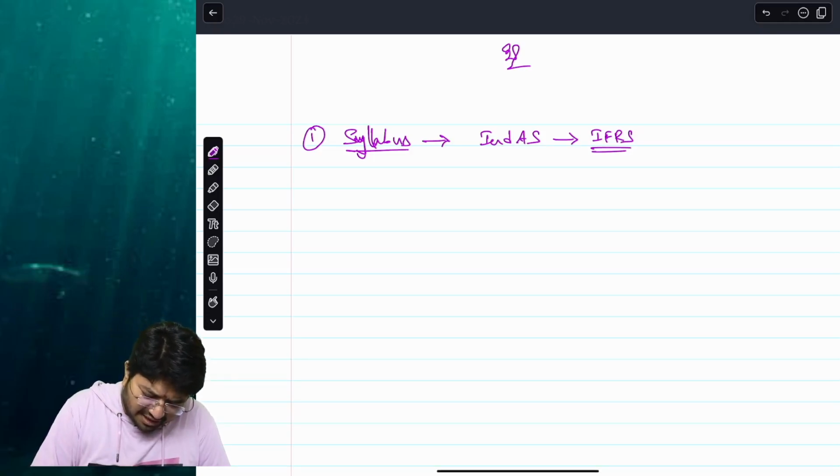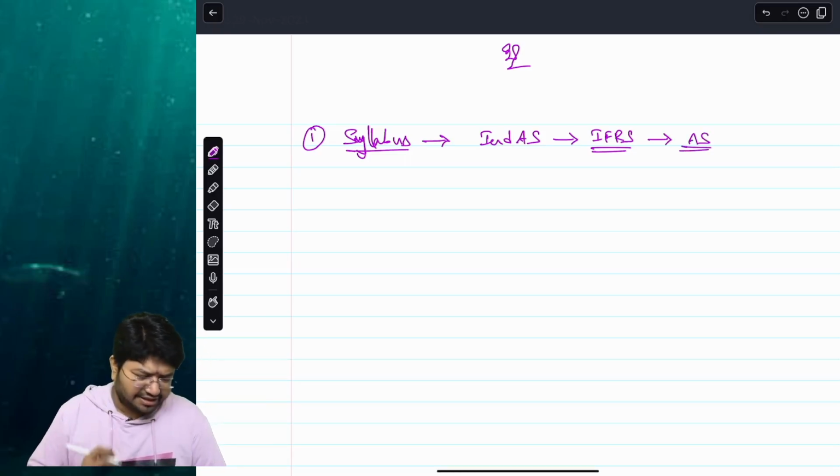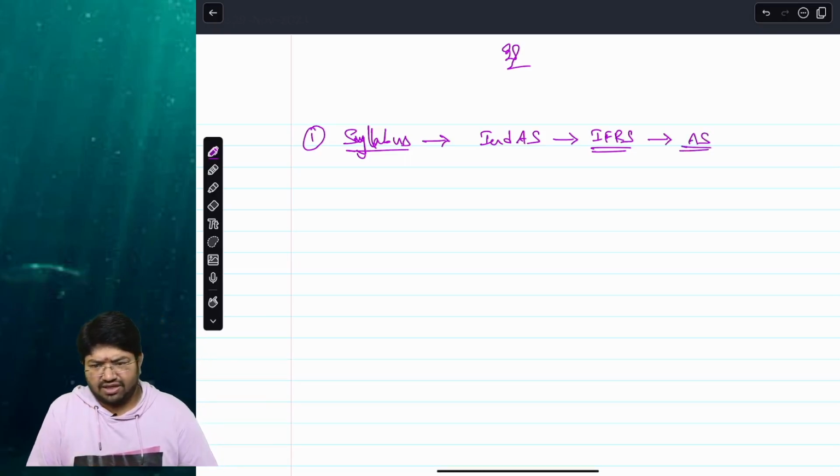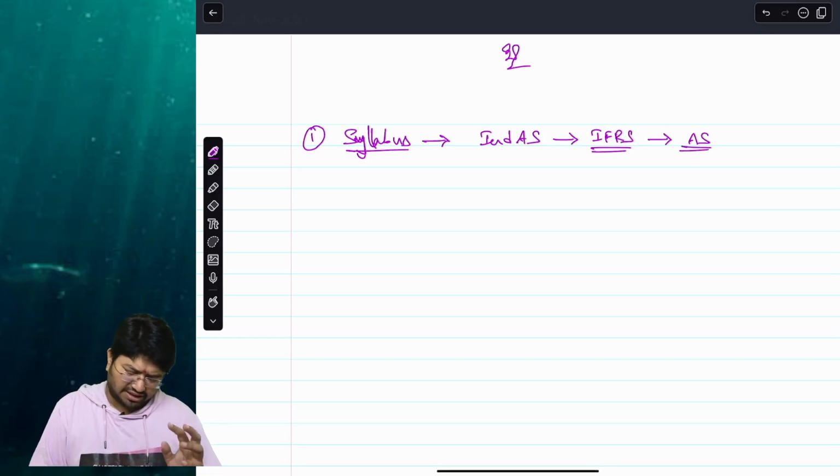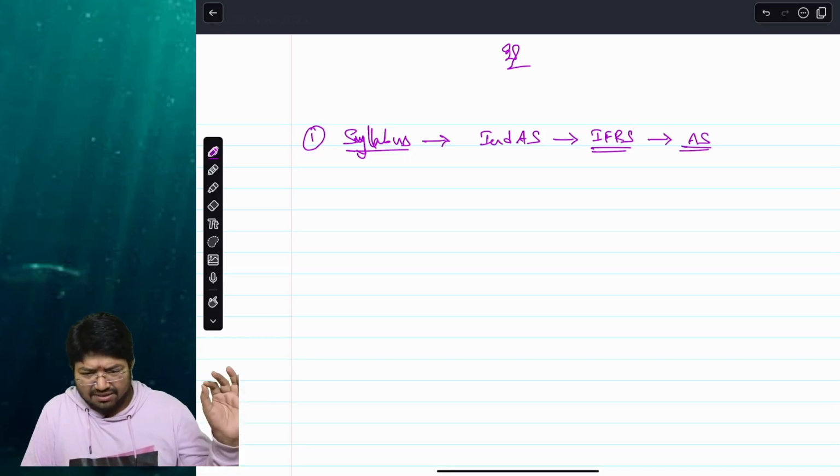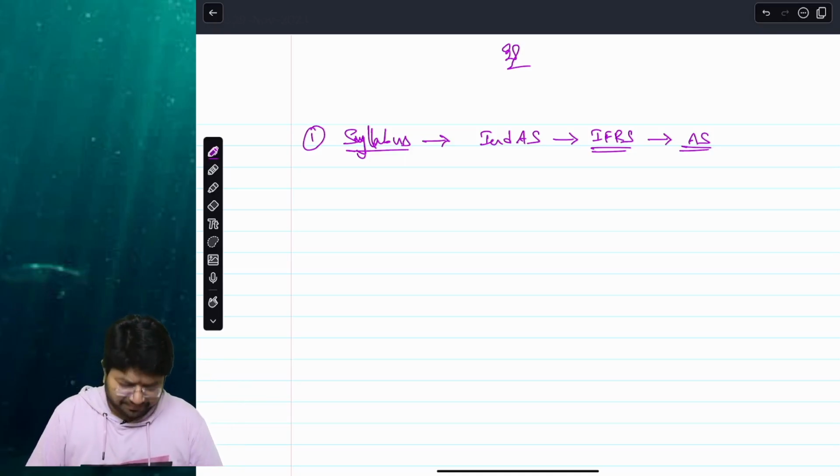And apart from that, asking in comparison with AS is extremely rare, which I would say is next to zero, but still there is a very bleak possibility for that to happen.